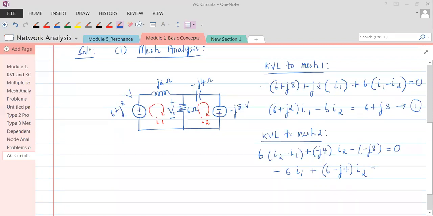Which is the constant here? See here, minus of minus would be plus J8 on the left hand side. So on the right hand side, it would become minus J8. So this is your second equation. Is everybody okay with this?